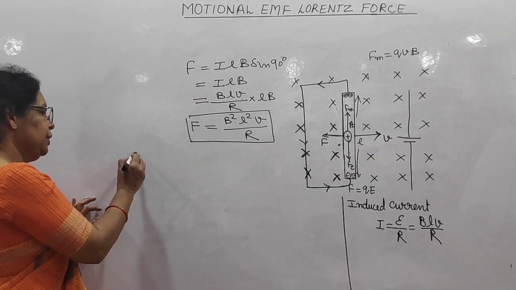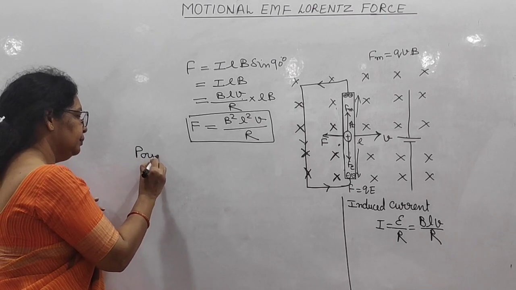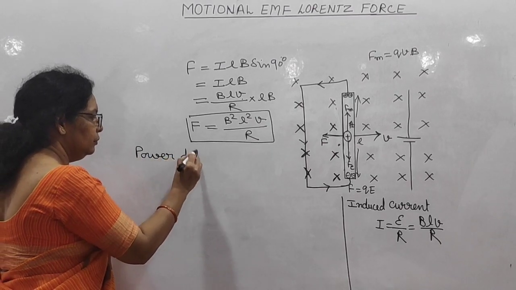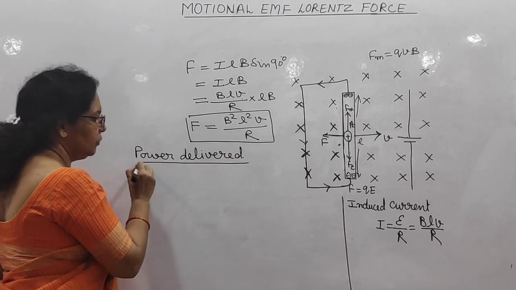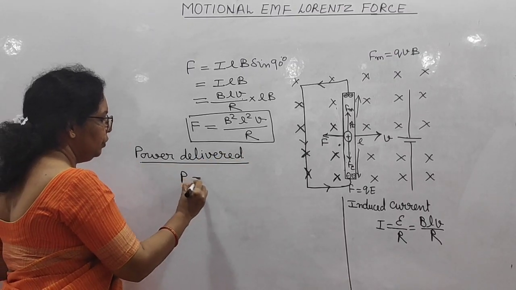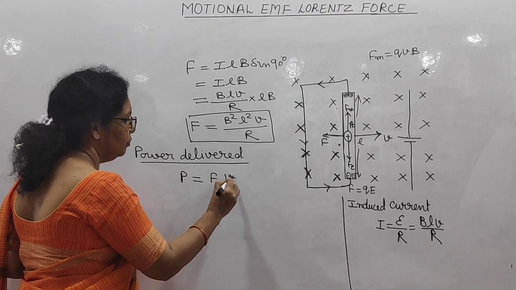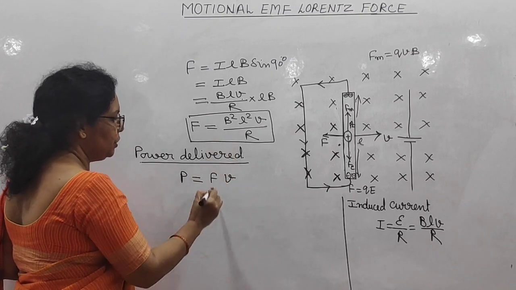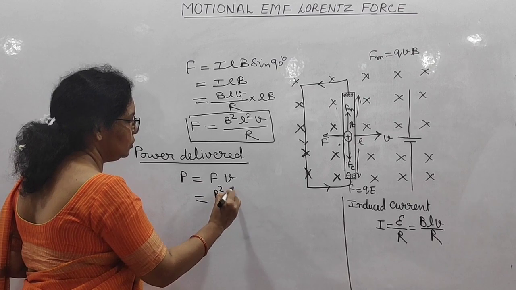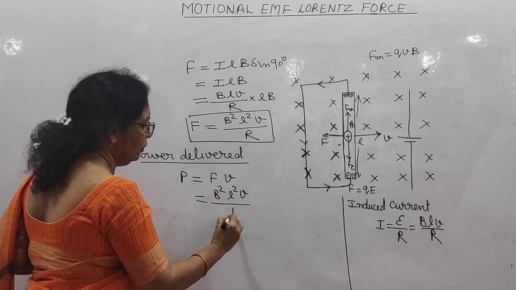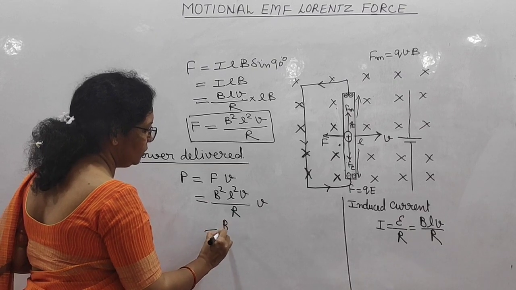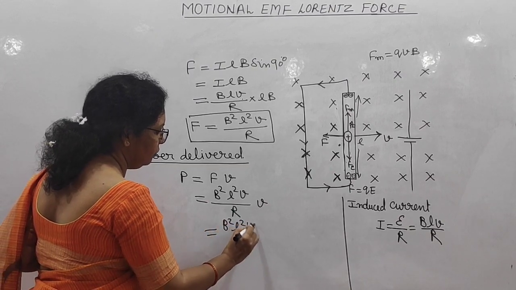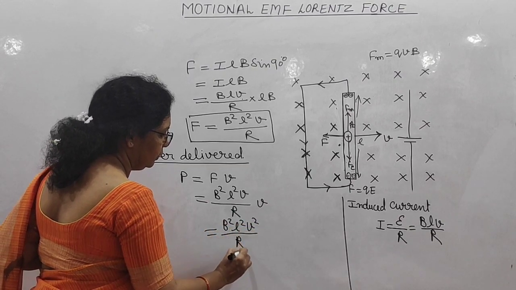Now how much power is delivered? Power P equals F into v. F is B squared L squared v upon R, into v, that is B squared L squared v squared upon R.